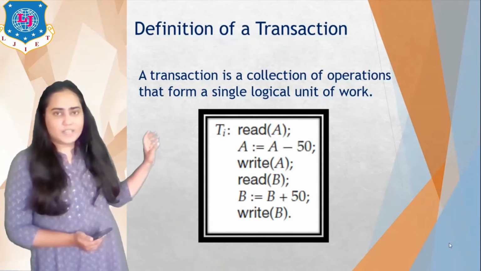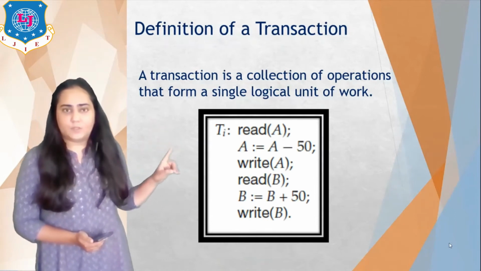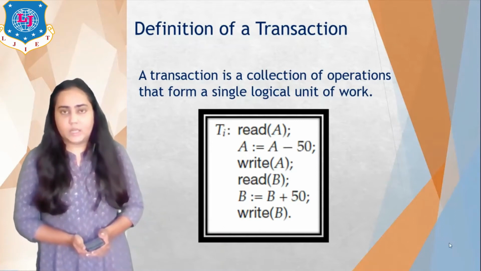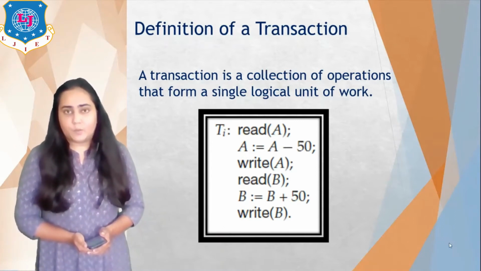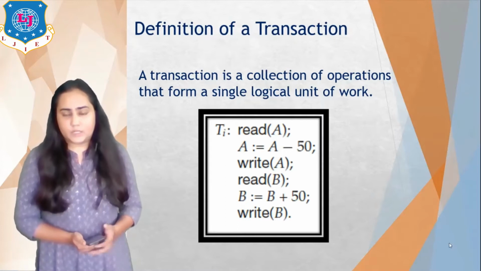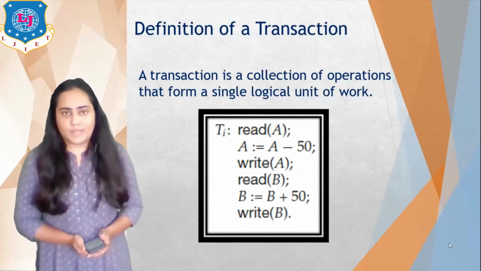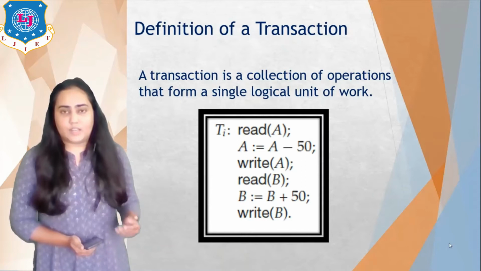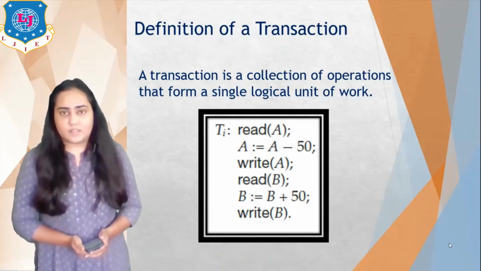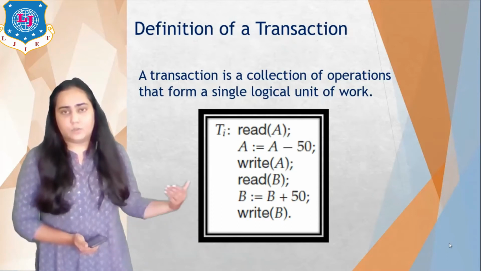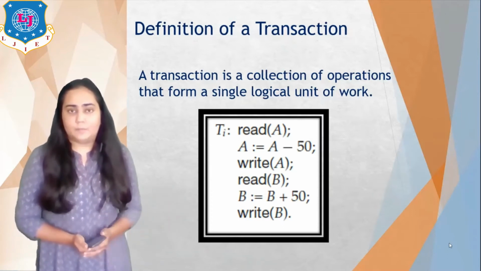Whenever I say A equals A minus 50, that means you are actually writing an update statement, updating the table containing all the account details and deducting 50 from the balance. Then you write another update query that adds this same amount, 50, into somebody else's account, which is B.